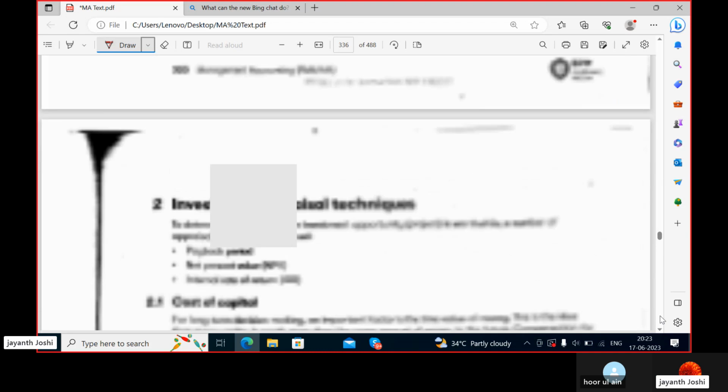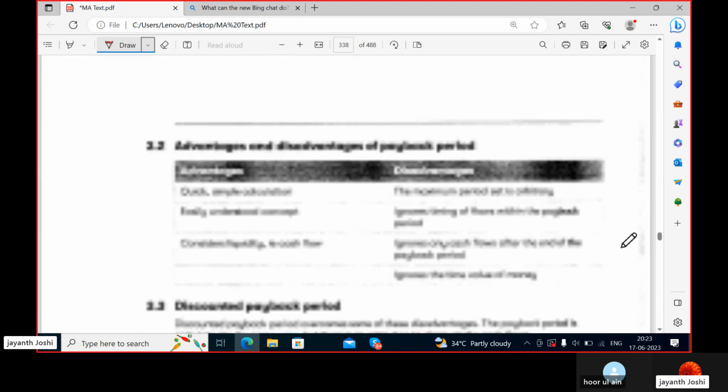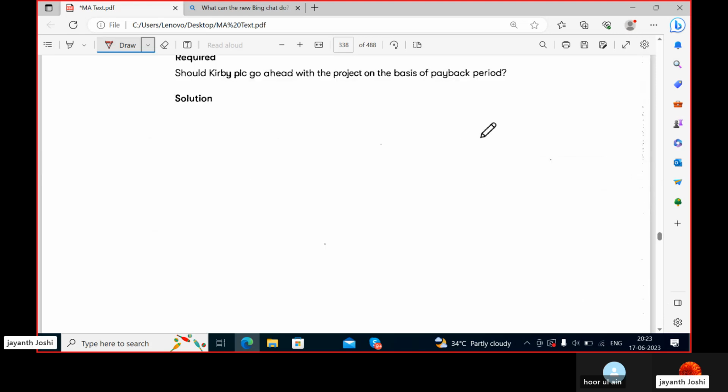What am I trying to prove to you? So this is 10,000 for the first year, 10,000 for the second year, 10,000 for the third year, 10,000 for the fourth year, 10,000 for the fifth year. And the factors are, I'm writing the factors directly.